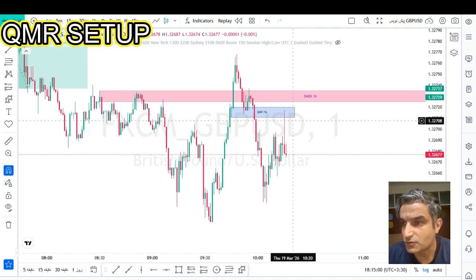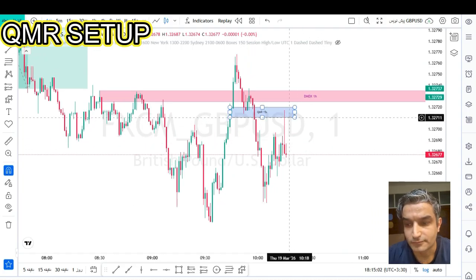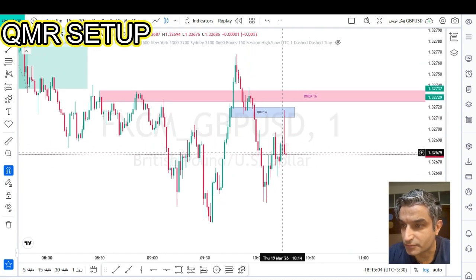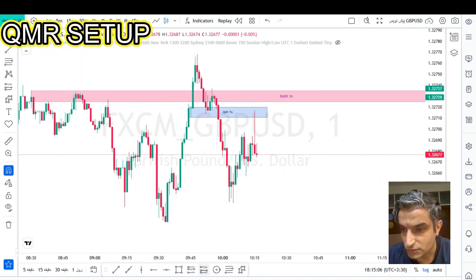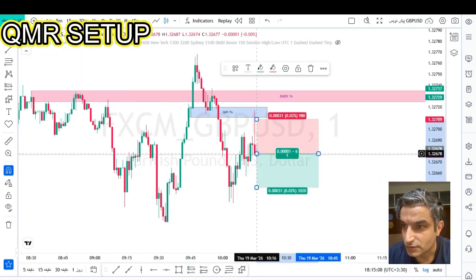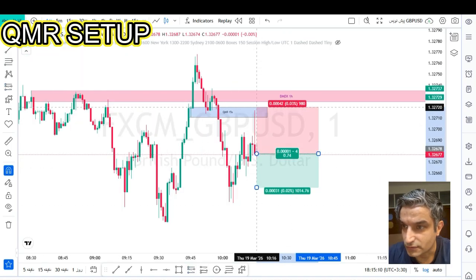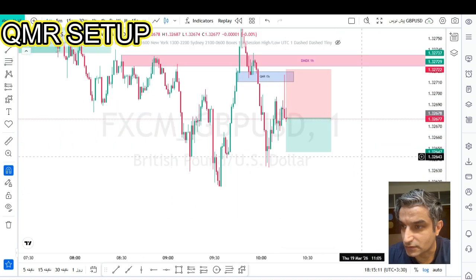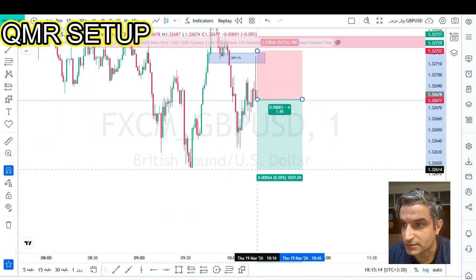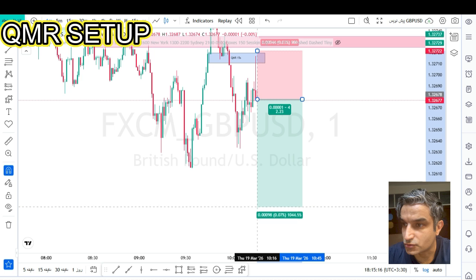Sometimes maybe you have an order in this area, but if I want to enter this position, I prefer that and put my stop loss at least 1 or 2.